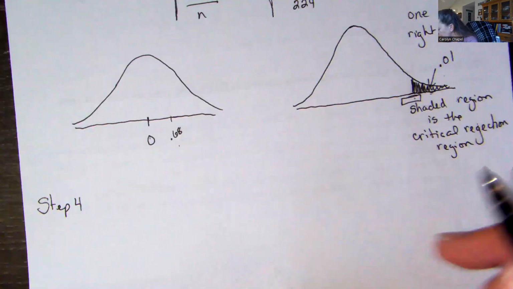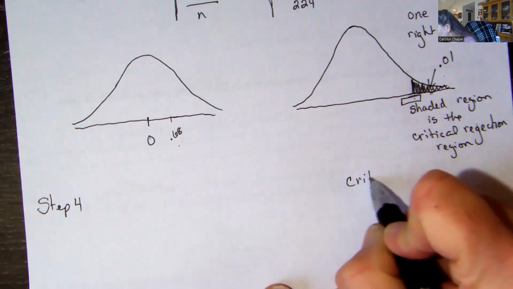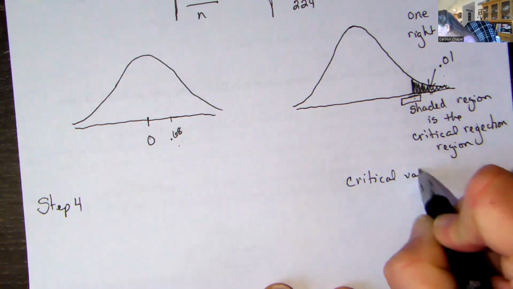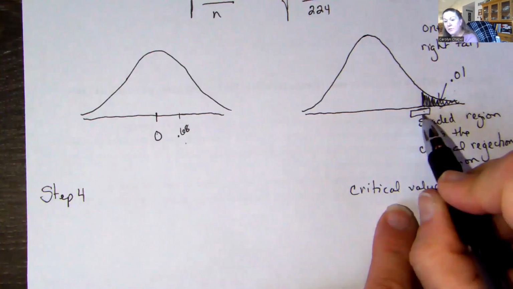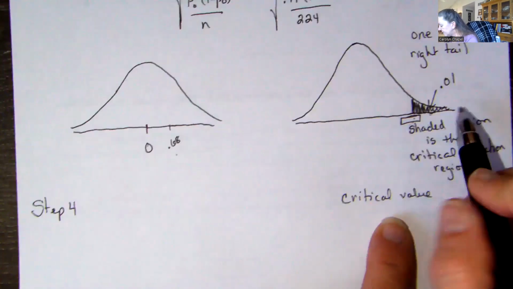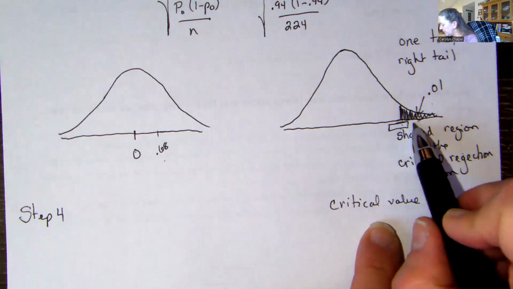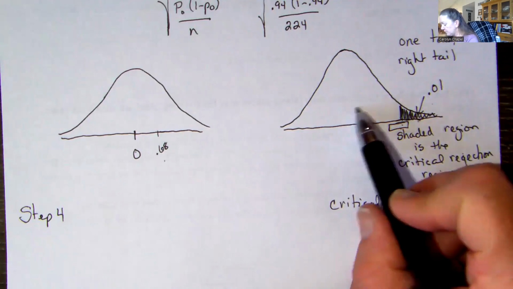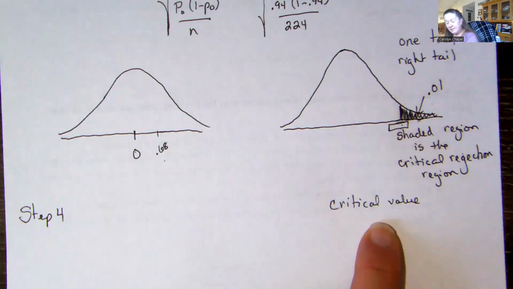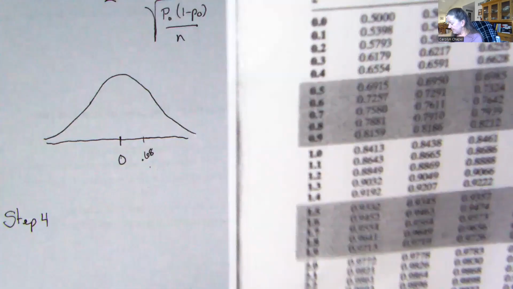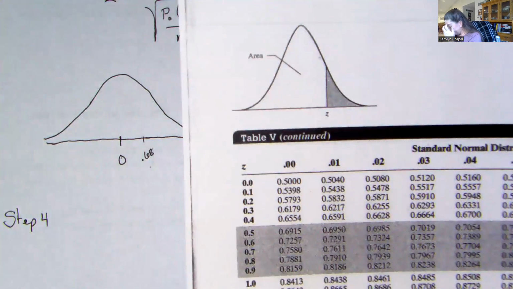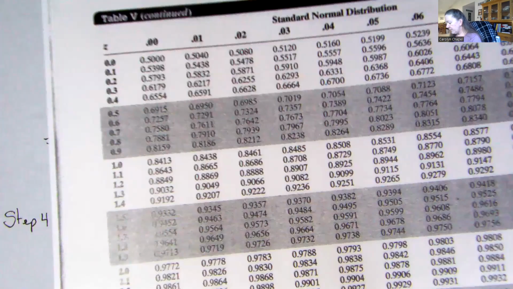So if I'm looking for the critical value, I'm going to look for that value that has this 0.01 up here. So if this is 0.01, that's 1%, 99% here. So again, if you're looking at the Z table, and I'm going to show you the other table, we can find it a little faster.